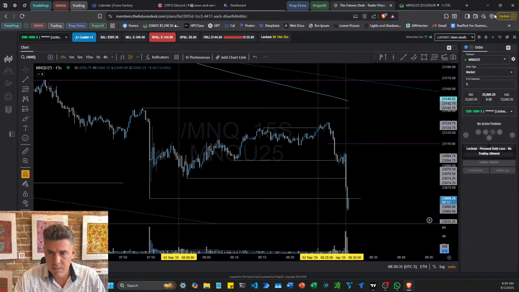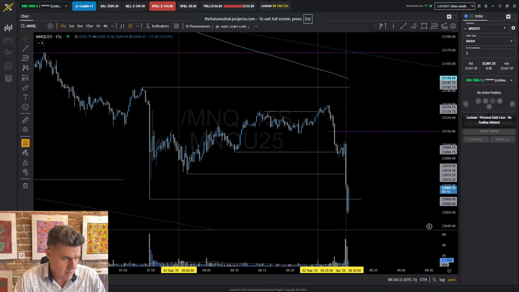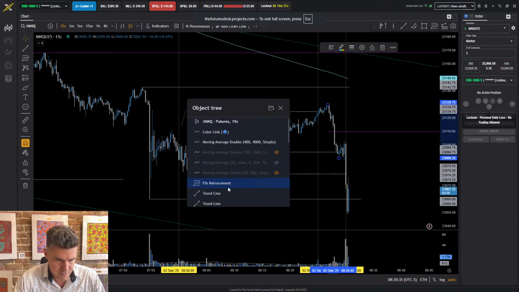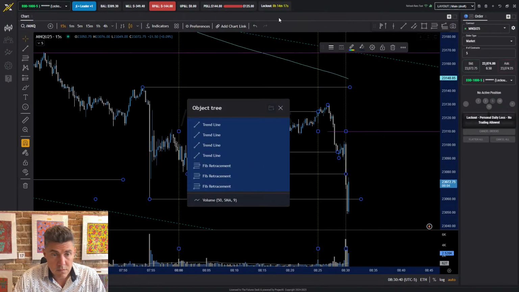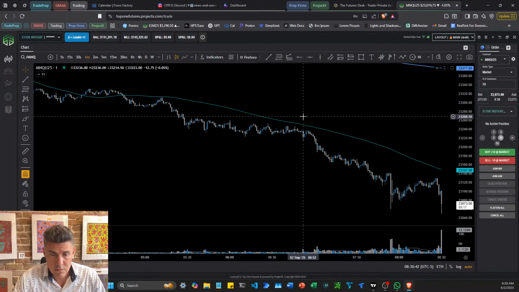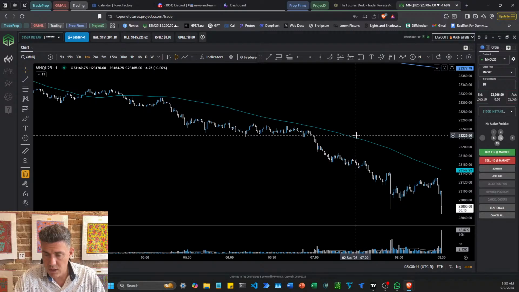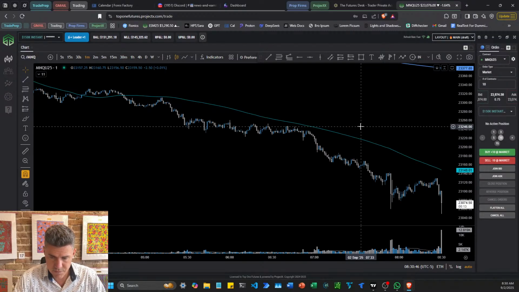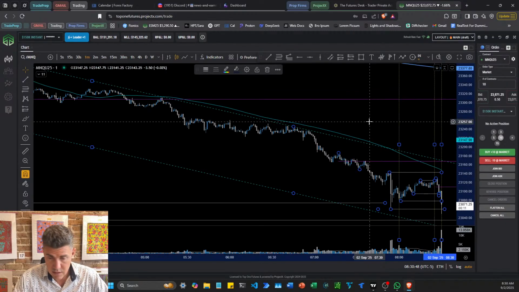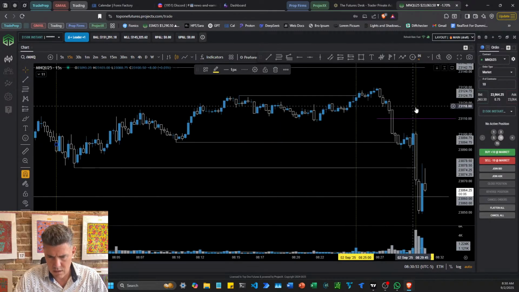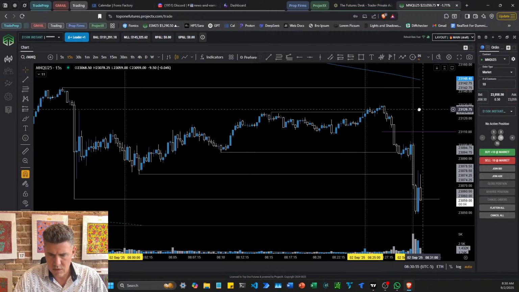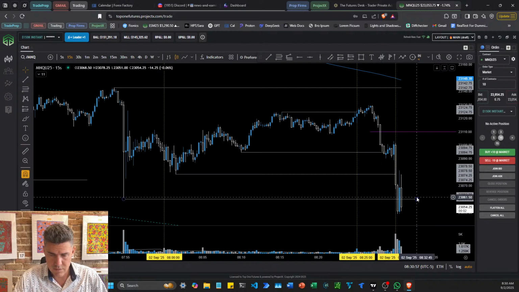Actually going to copy my drawings over to my other account. And I normally trade 3 contracts, and that was 5, which is totally fine. Risk being kept super tight.